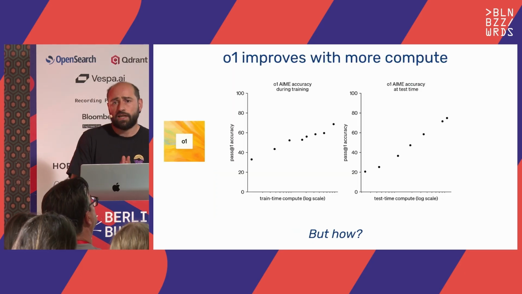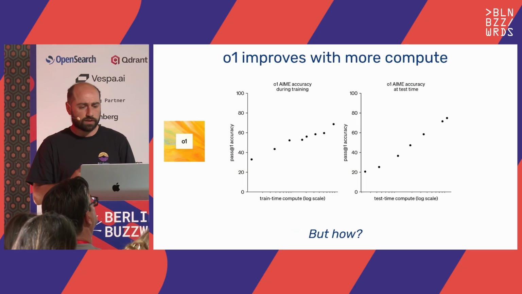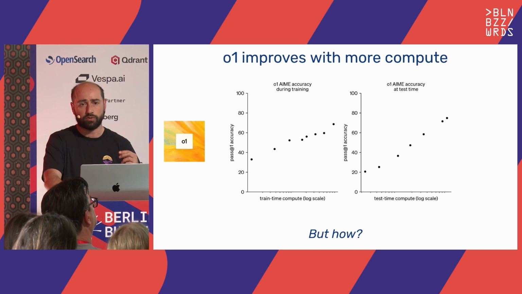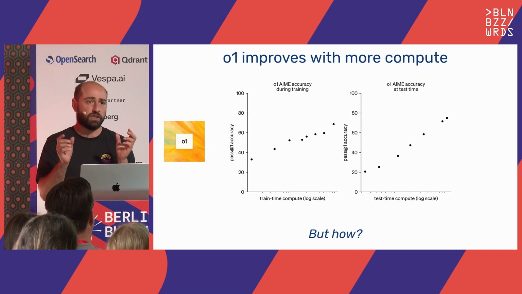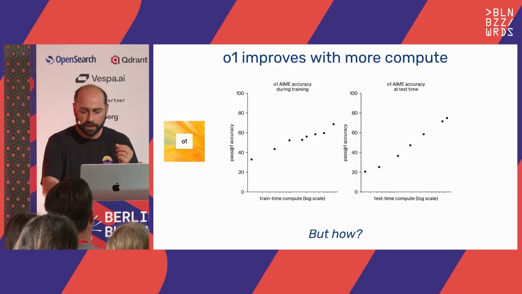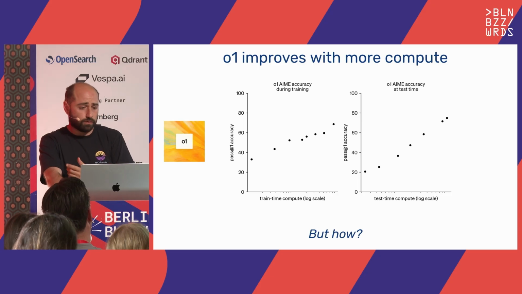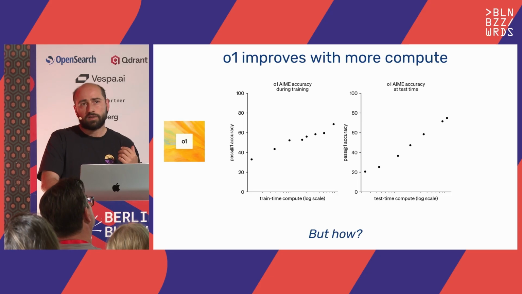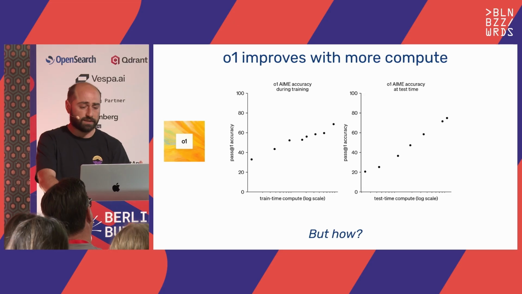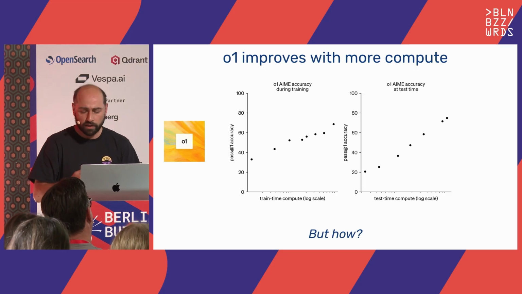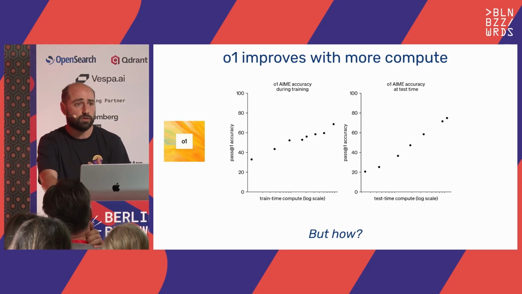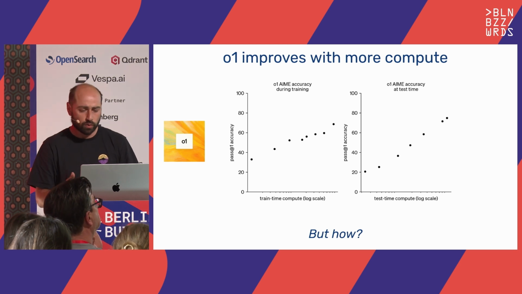When OpenAI's O1 series of models was released, they just said that they used reinforcement learning to make the models produce chain of thought. So in the text completion, a first part is the chain of thought or reasoning trace, and we then have a final answer. They also showed this plot where spending more time in reinforcement learning training, so more train time compute, or giving the model more time to think, so giving more test time compute, the performance on a challenging mathematical task was improving.